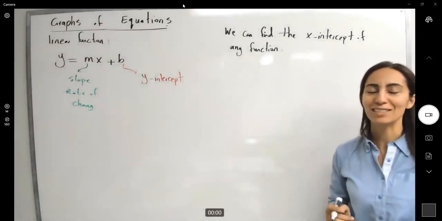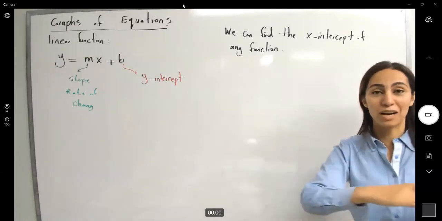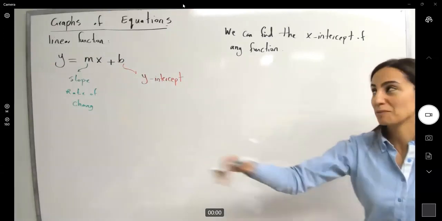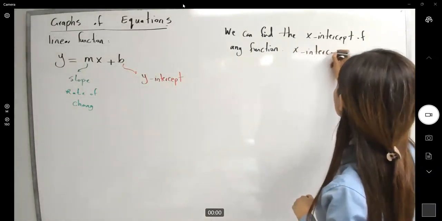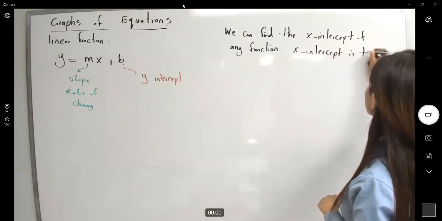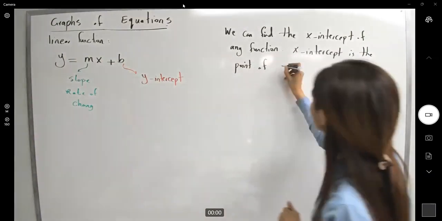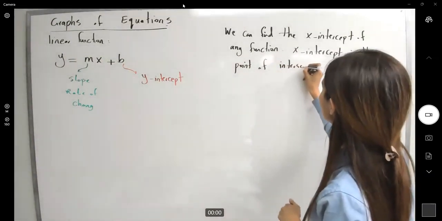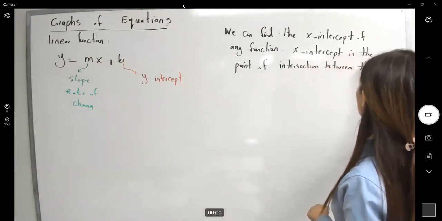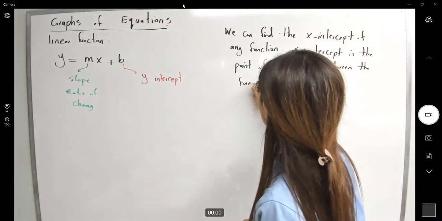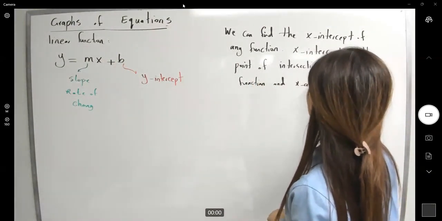X-intercepts are the points of intersection of the graph with the x-axis. The x-intercept is the point of intersection between the function and the x-axis.